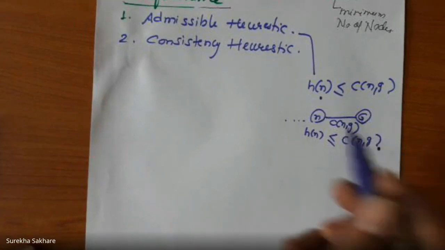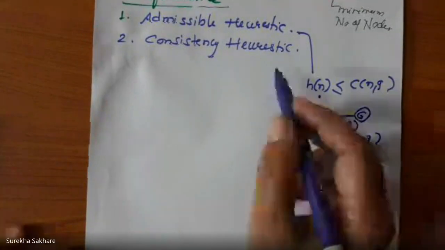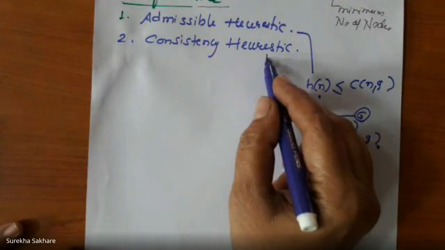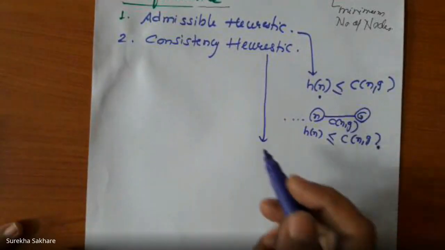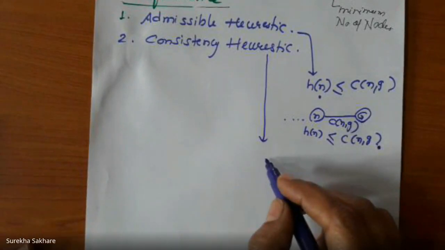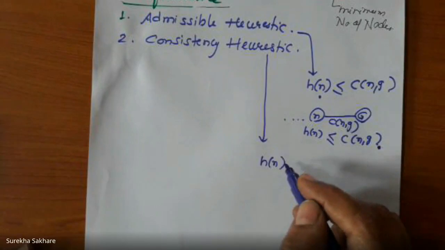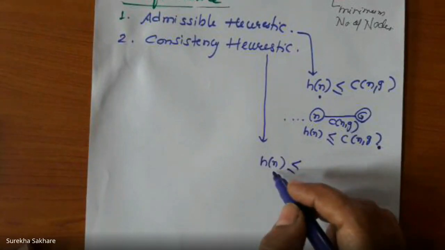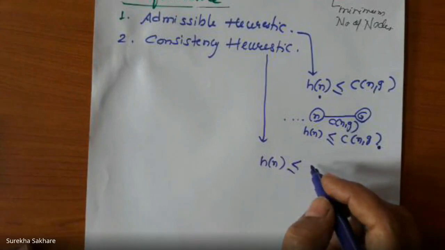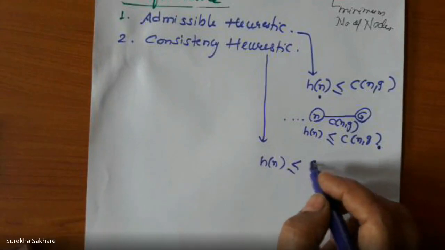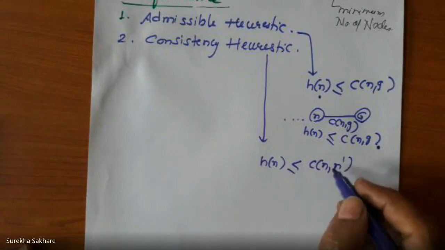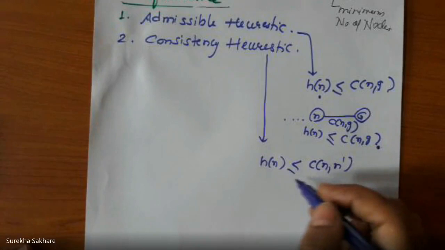So in the consistency function, the applied condition is that the heuristic function of any node should be less than or equal to the cost between the two nodes plus the heuristic function of the next node.